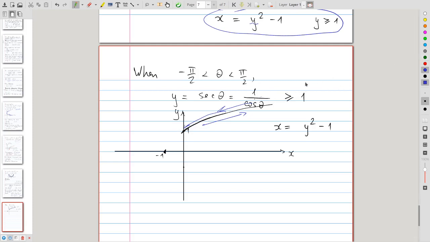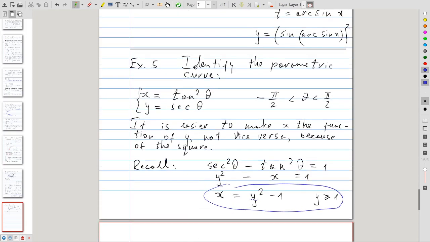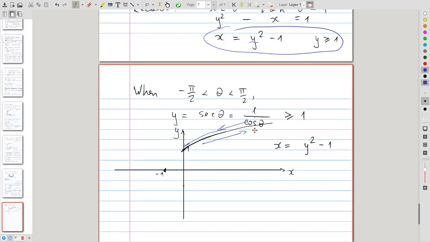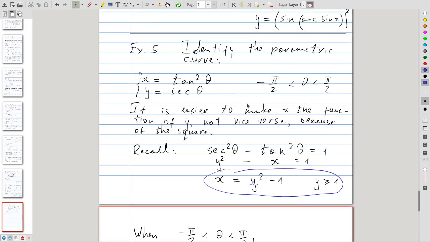So it first comes from infinity to this endpoint and then goes back to infinity as theta keeps growing. And this is how you identify this curve as a parabola and determine the specific behavior of the particle whose trajectory this curve is, if you think of the parametric curve as a trajectory of a physical object.